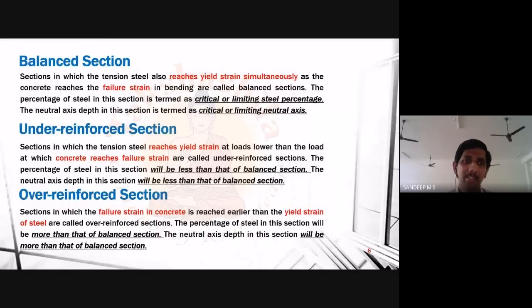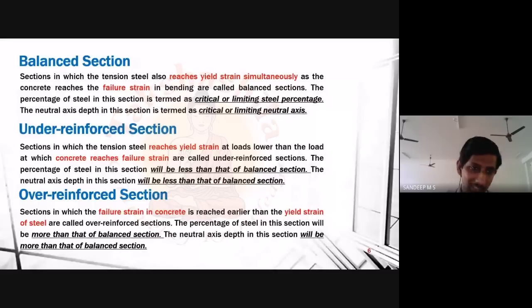Once the role of steel is less, and if you are subjecting it to a heavy load, what will happen? Every time when we have a heavy load, the weaker section will fail. So as you can understand from this name itself, it is under reinforced. That means the steel will fail first.